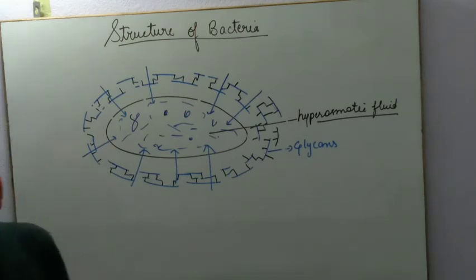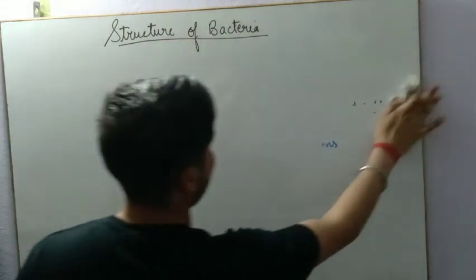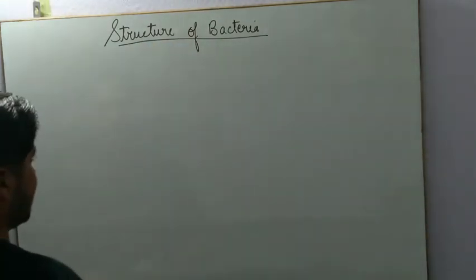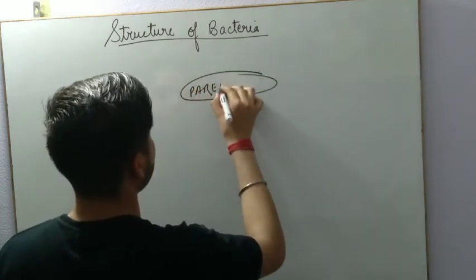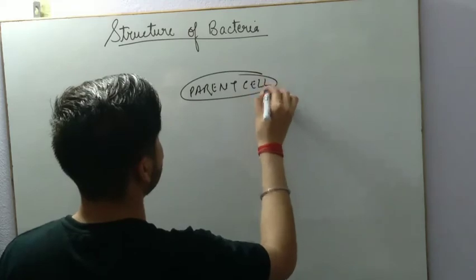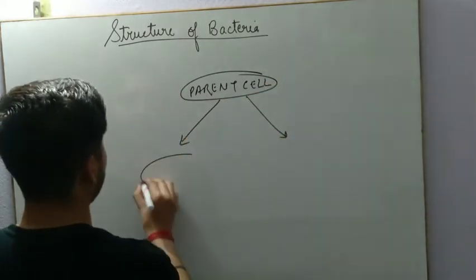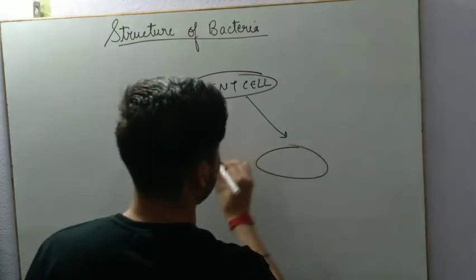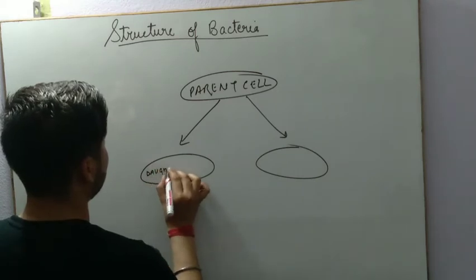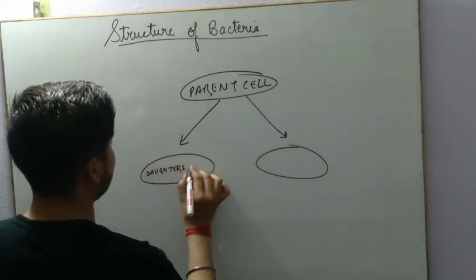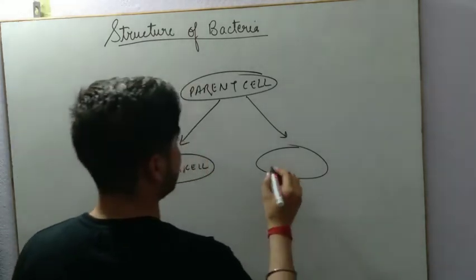Friends, now we will erase this, and then we will understand how it happens. This is the parent cell, and these are two daughter cells. These are two, and this is also a daughter cell.